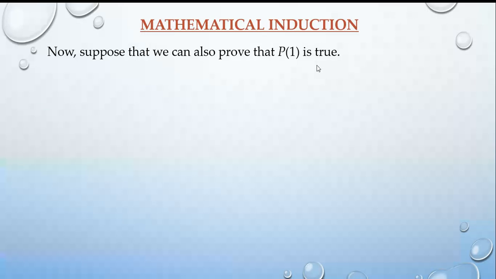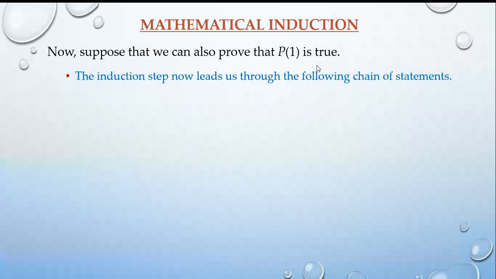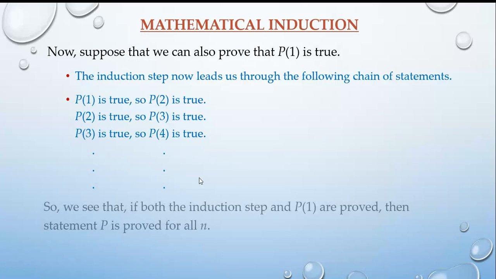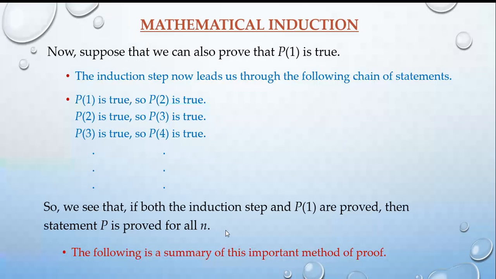First we have to prove that P1 is true. Now the induction step leads us through the following chain of statements: P1 is true, so P2 is true. P2 is true, so P3 is true, P3 is true, so P4 is true, up to like that. So we see that if both the induction step and P1 are proved, then statement P is proved for all n. So this is the way of doing this.